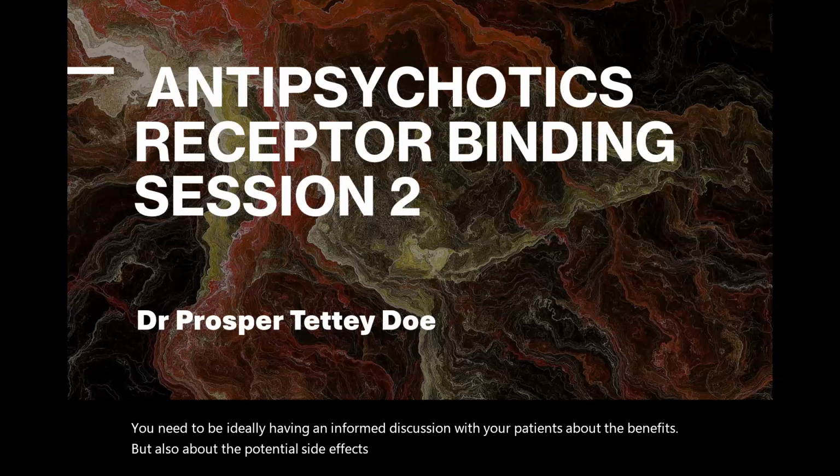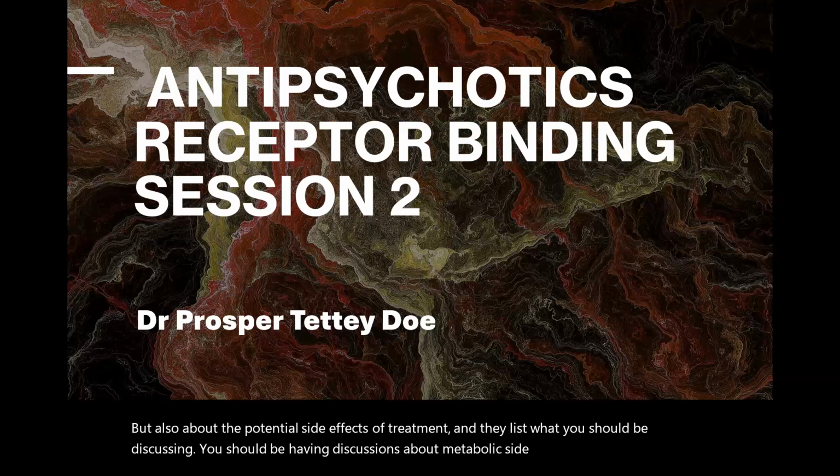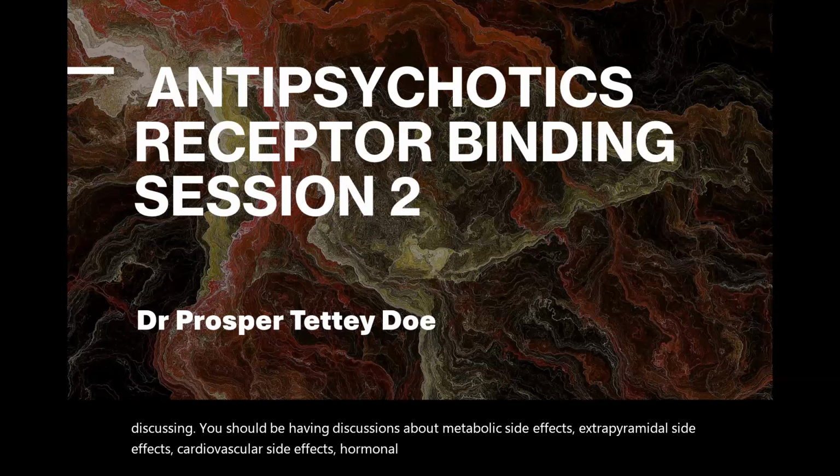And they list what you should be discussing. You should be having discussions about metabolic side effects, extrapyramidal side effects, cardiovascular side effects, hormonal side effects, and this rather nebulous other group of side effects.